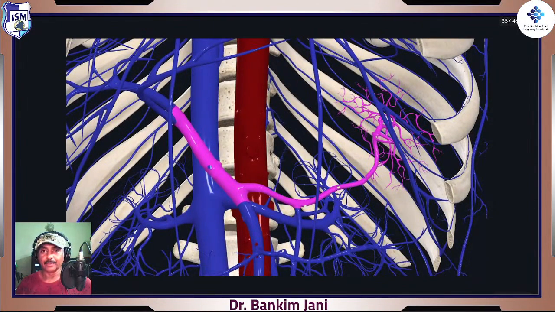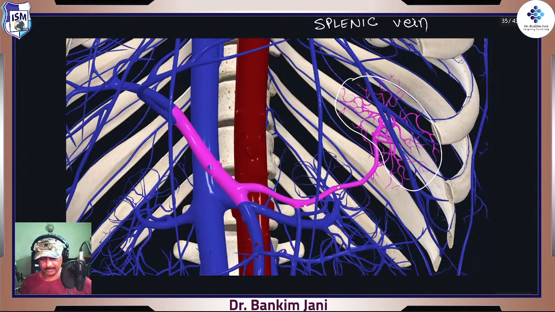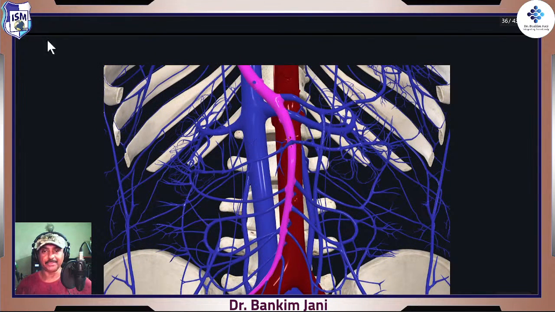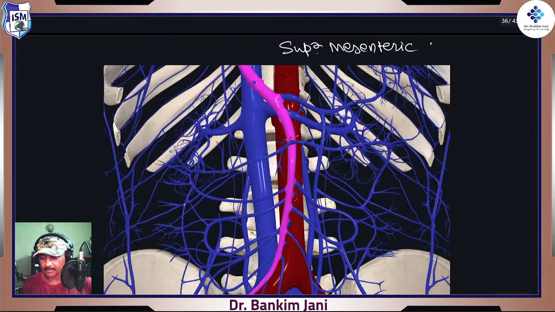And there has to be an organ. See the shape and see the tortuosity, snake-like. So it is the splenic vein. This makes sense. That is the splenic vein. This is the hepatic portal vein, and it was going into the liver. And who is this? This is the superior mesenteric vein.